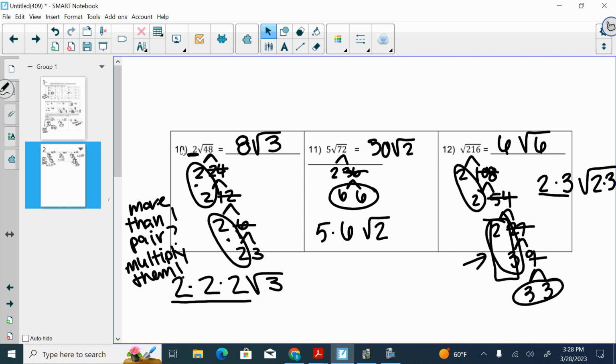So 2 leftovers, you also multiply them together, but you have to leave them under the radical. Underneath that square root. Okay? So, we break it down as much as we can. If you find a pair, you take it out. If you don't find a pair, it stays underneath. Okay.